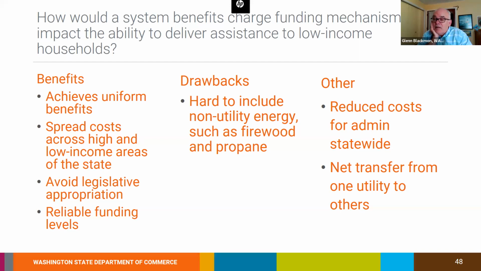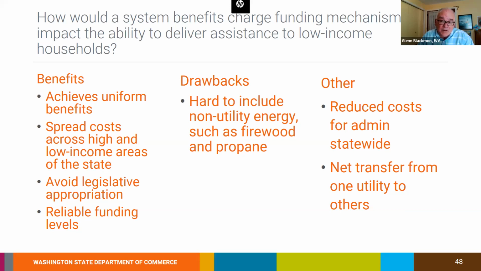Are there any utility programs? Anybody from a utility, or if you're not from a utility but you're familiar with the funding mechanisms that some of the utilities use today to provide money for low-income assistance programs, whether it's bill assistance or energy conservation.